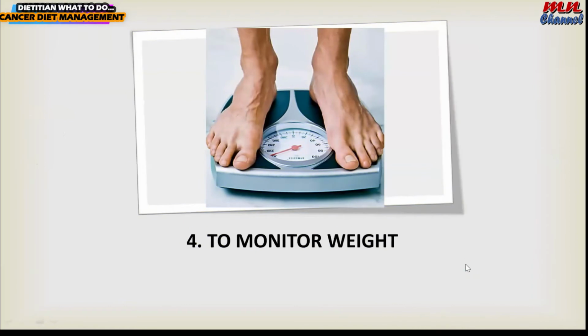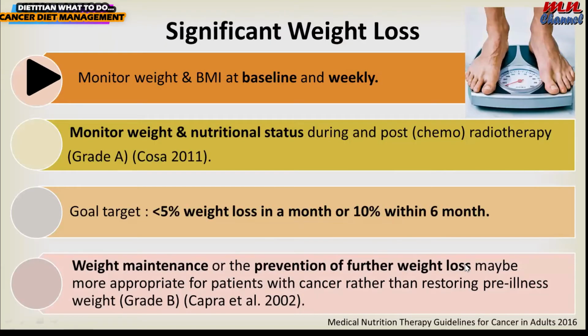Okay, weight needs to be monitored weekly, especially if the patient is on treatment, and we need to monitor the nutritional impact symptoms and the nutrition status, especially if the patient is on combined therapy, the chemoradiotherapy treatment.